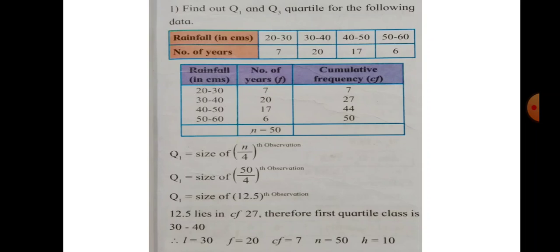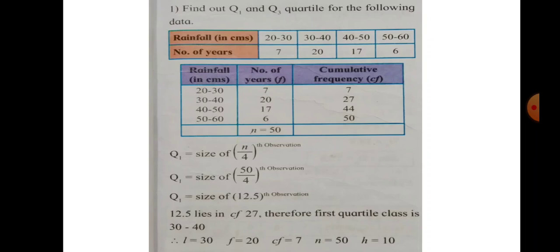Now the first column is rainfall in centimeters, and the classes are 20 to 30, 30 to 40, 40 to 50, 50 to 60. So these are the classes, or you can say class intervals. In the second column, number of years means frequency. And the third column you have to create is the cumulative frequency, CF.